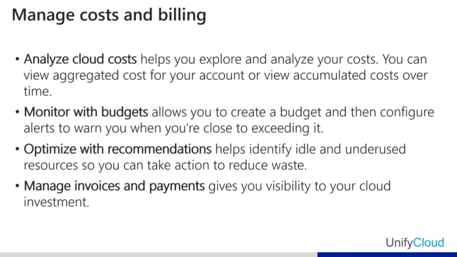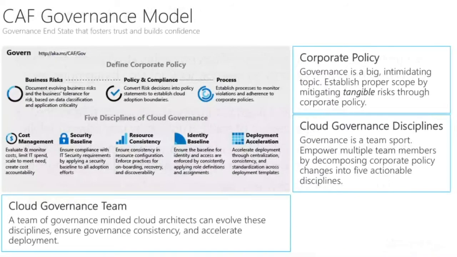So it's very important to understand Azure Cost Management and use it effectively when you start setting up these things. Okay, so the next thing in the setup guide is the CAF governance model.